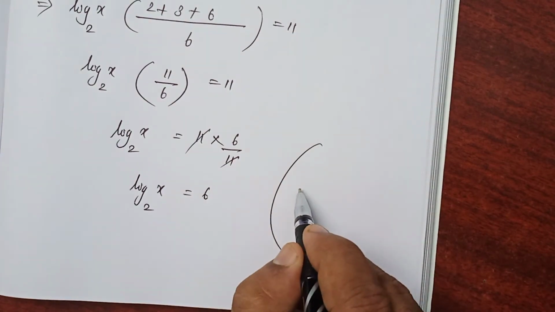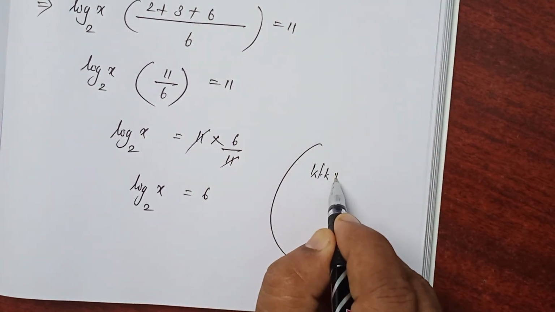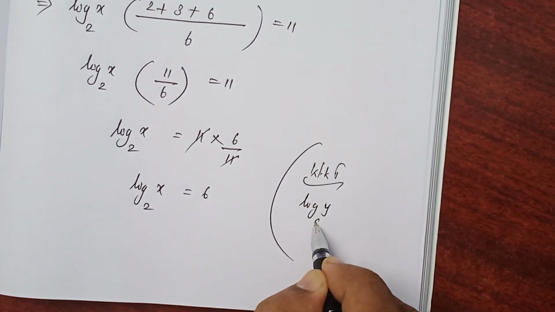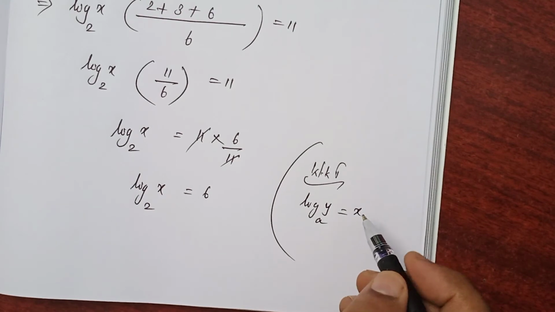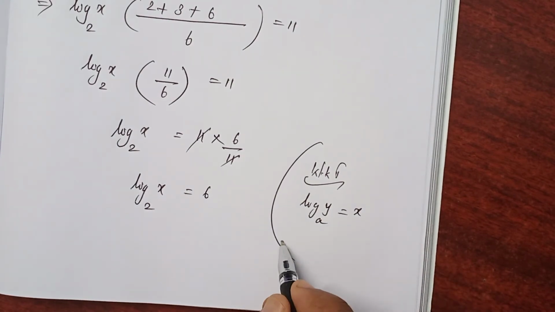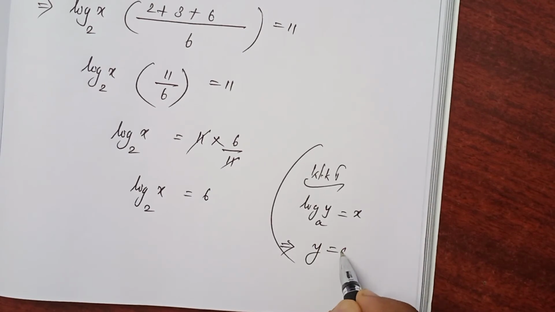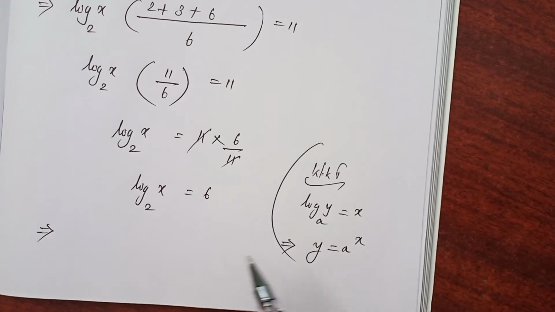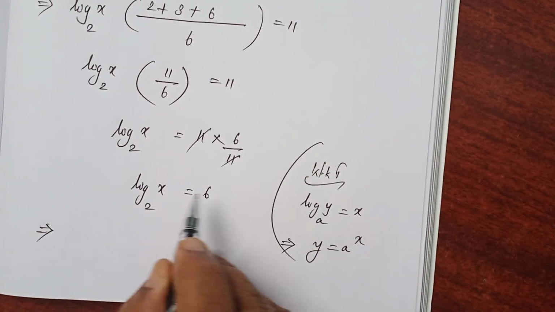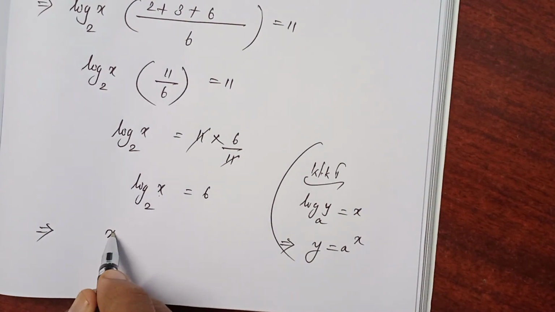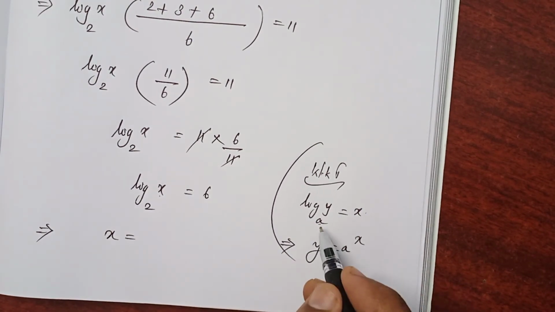We know that log y to the base a, that is equal to x, which implies y that is equal to a power x, in y place we have x, so you have to write x equals a power x.